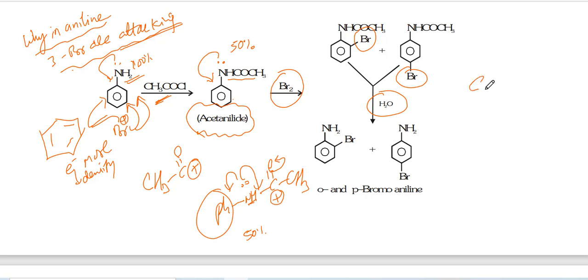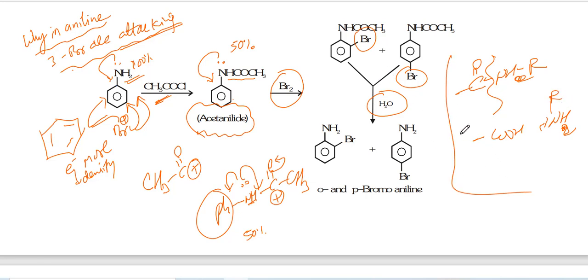We know that when an amide is hydrolyzed, we get a carboxylic acid and NH3; if it is RNH, then obviously an amine is formed. Similar explanation here: hydrolysis takes place and NH2 is formed. So you are getting only monobromination.